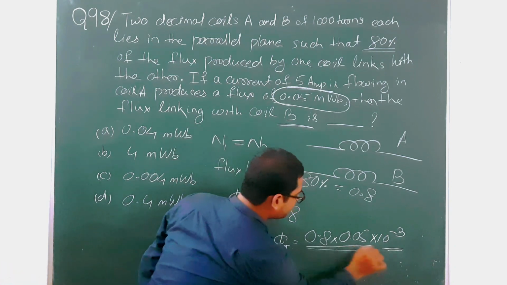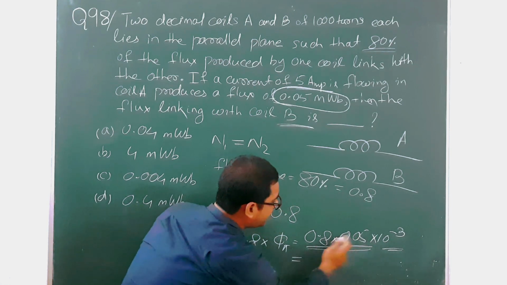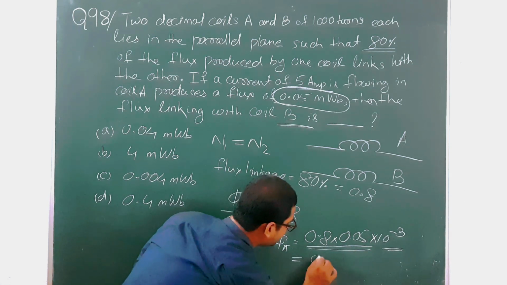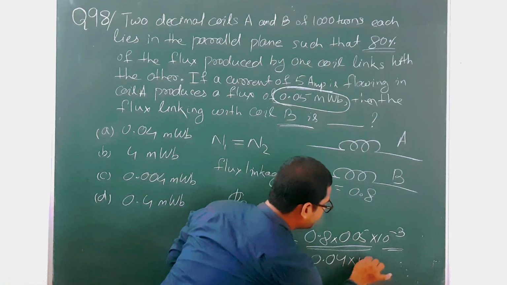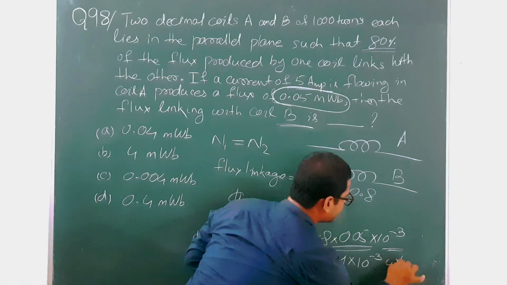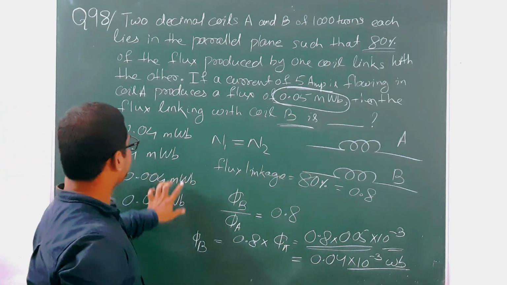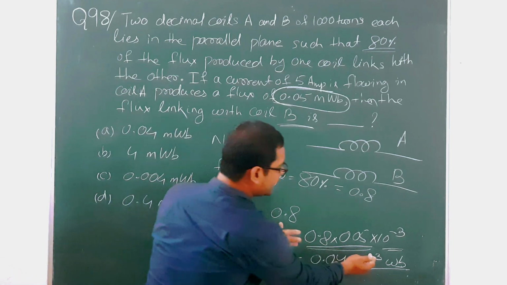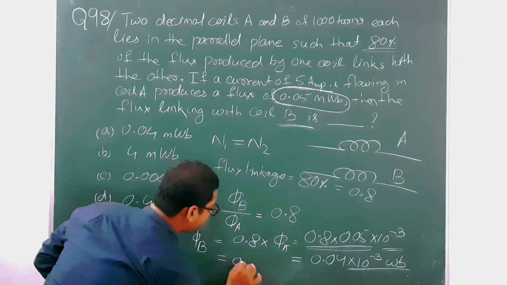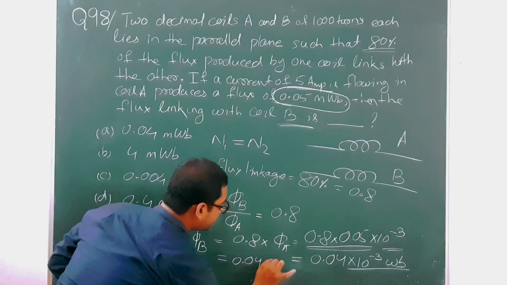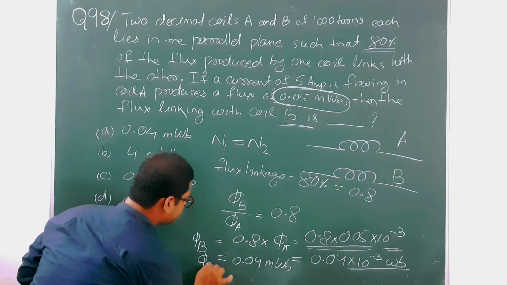If you solve this, you get 0.04 into 10 to the power minus 3 weber. But the options are in milliweber, so if we convert 10 to the power minus 3 to milli, your answer will be 0.04 milliweber. So this will be your phi B.